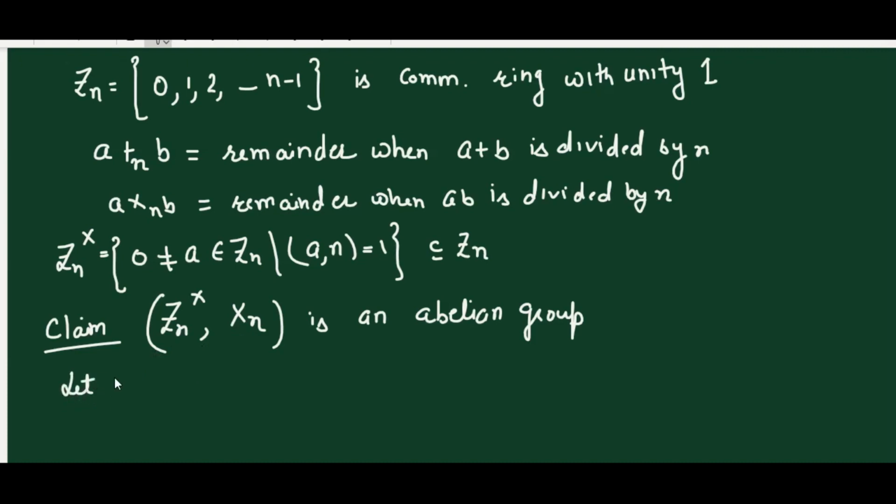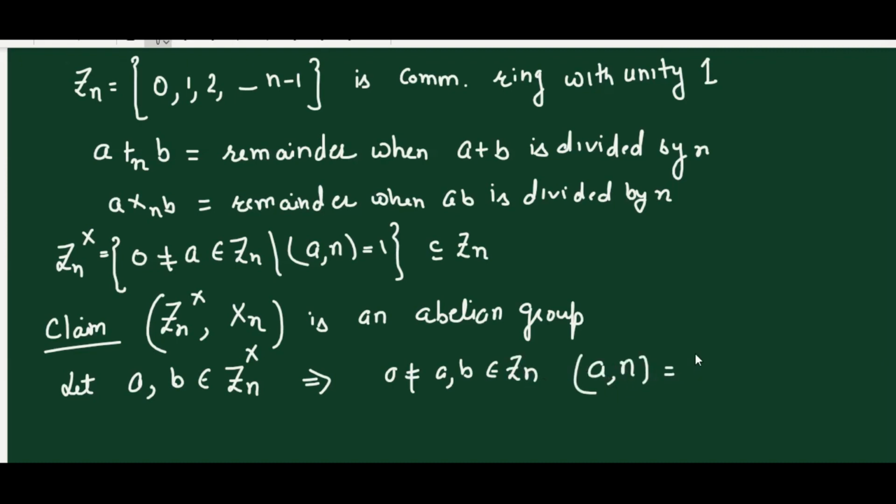Okay, for this let's choose two elements a and b belonging to Zn cross. So this implies what are a and b? These are non-zero elements, and these are co-prime to n. Now we want to see whether their product belongs to Zn cross.